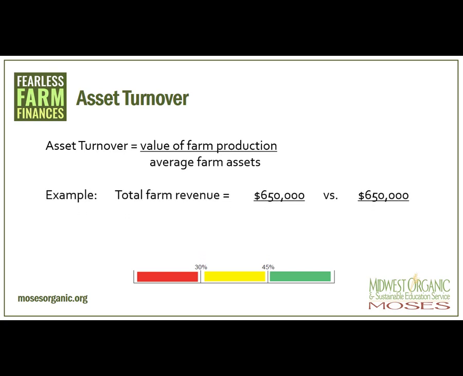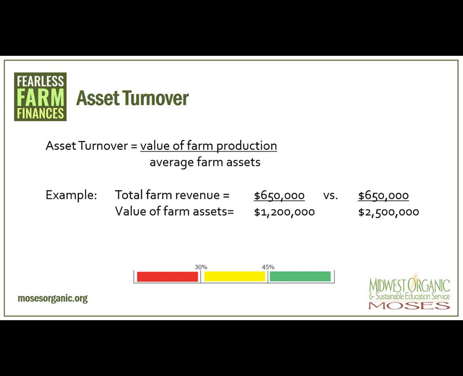So let's look at an example. Our total farm revenue is $650,000, and I'm going to compare another one at the same value of $650,000, where the value of the farm assets is $1.2 million versus $2.5 million.